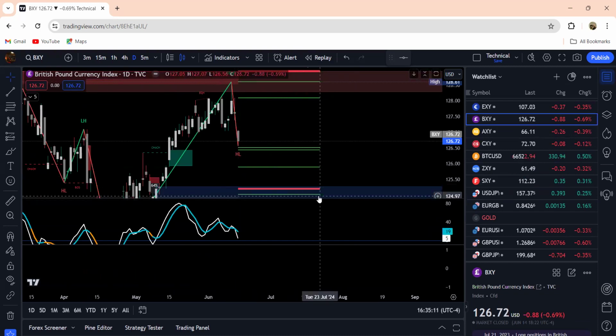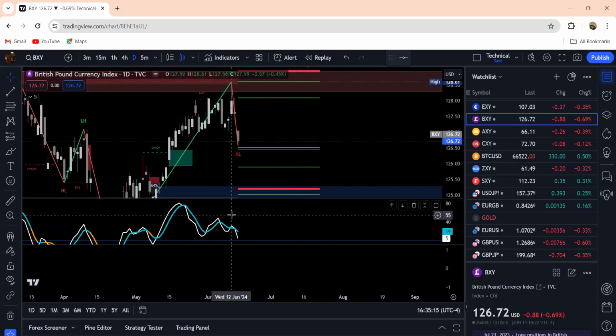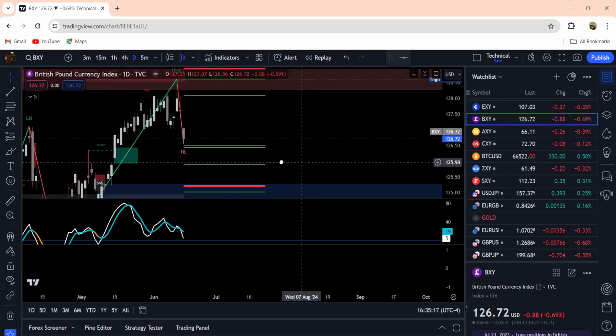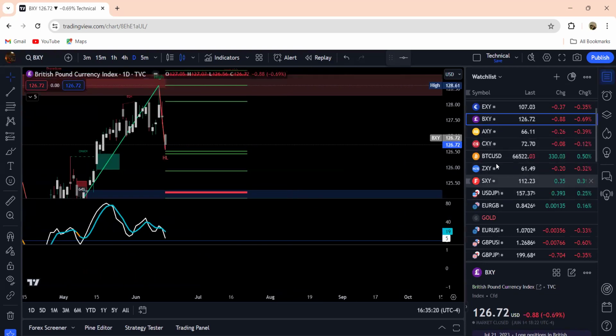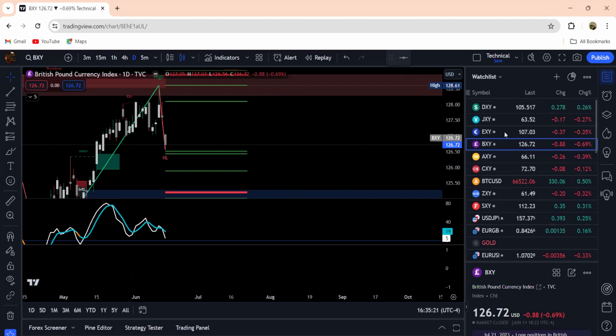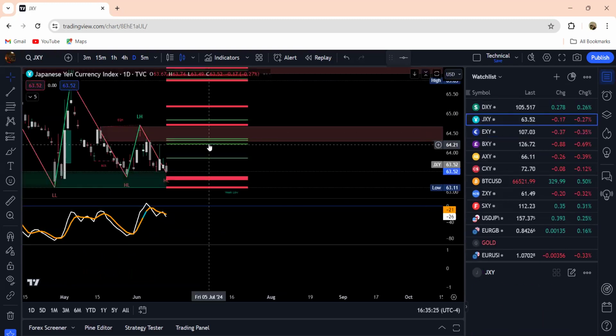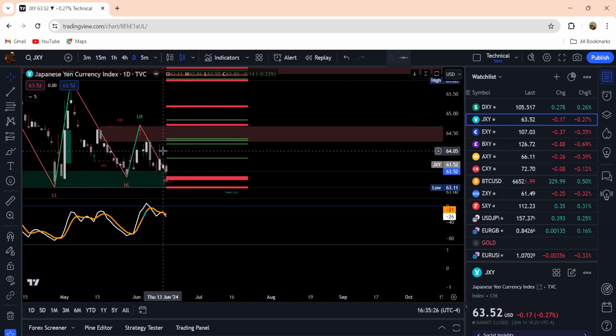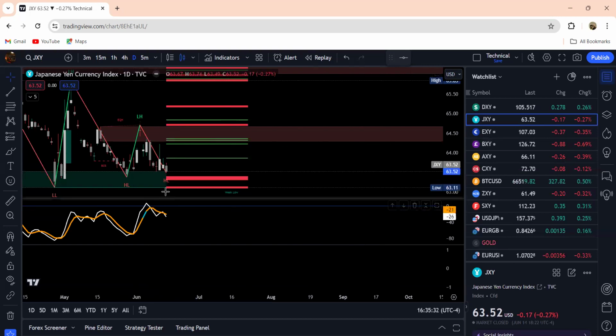So again, that lends confluence, right, to the downward pressure on GJ. Now, again, we've already looked at the Japanese yen, and we can see that the Japanese yen is also kind of seeing some downward pressure. So we can possibly look at some consolidation since both the British pound and the Japanese yen are seeing a bit of bearish pressure at the same time.